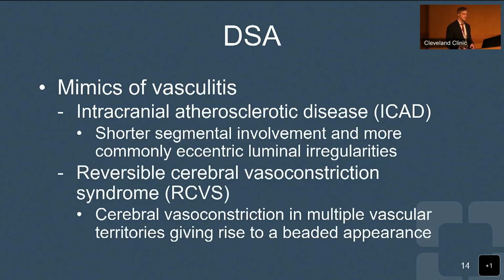Typically shorter segmental involvement with ICAD, more commonly eccentric luminal irregularities as opposed to the concentricity in vasculitis. And RCVS is another one that can be indistinguishable from vasculitis in some cases on DSA. So this is cerebral vasoconstriction in multiple vascular territories, giving a beaded appearance in multiple areas of luminal narrowing, which can kind of confound things. Is it RCVS? Is it vasculitis?